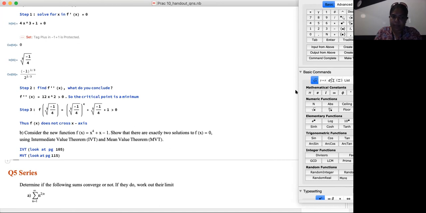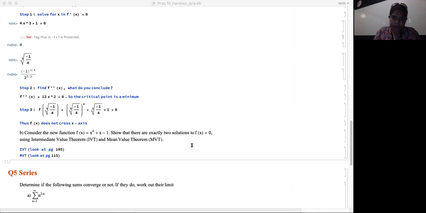Can you look at it? Page 105. How are you going to use the intermediate value theorem in this case?